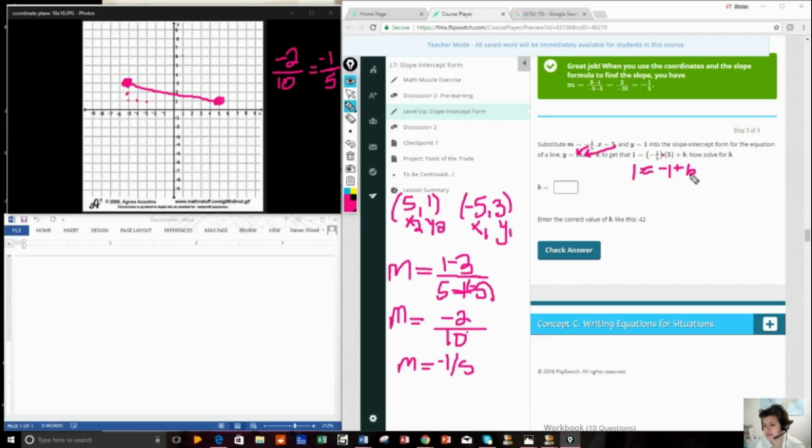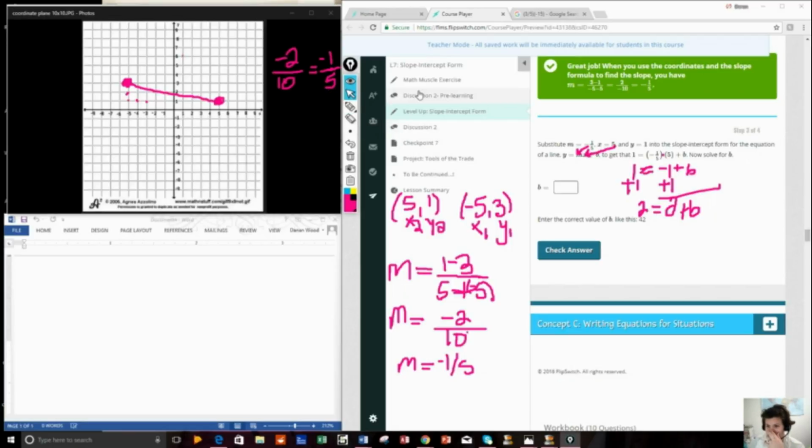Alright, to solve for b, we have to isolate b. So I'm looking at this -1. The inverse operation would be to add 1. I want to make it 0 on this side. So this is -1 plus 1 is 0 plus b equals, there's our equal sign, 1 plus 1 is 2.